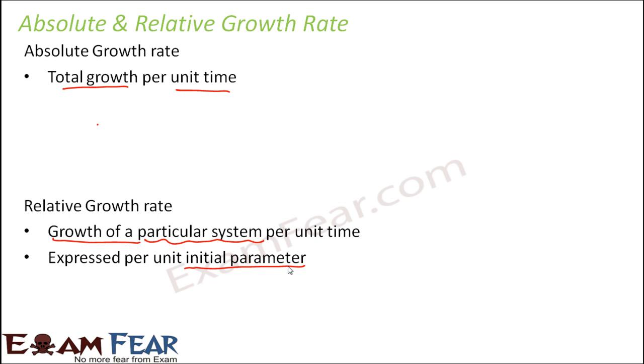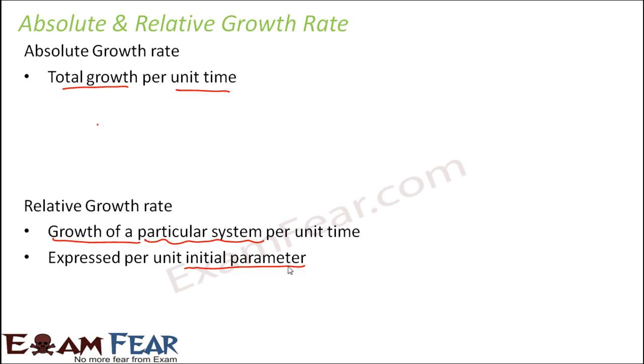Over a period of time, the area became 10 centimeters square. So when you talk about absolute growth rate, you just talk about the increase in growth over that period of time. That's all. But when you talk about relative growth rate, you talk about the increase in growth with respect to the initial size. So it increased in size by 5 centimeters square.